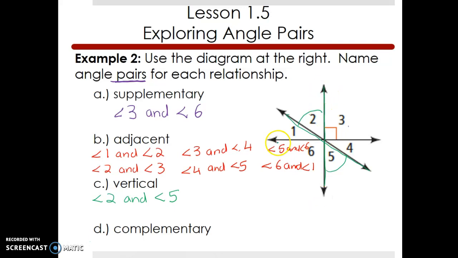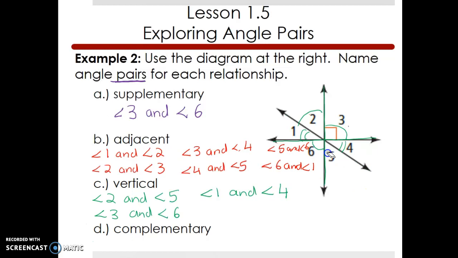This line is still crossing, but this time let's say it's crossing with this one. So you have angle 3 and angle 6, right? We also have these 2 angles that are opposite of each other, and they have straight lines. So angle 1 and angle 4.